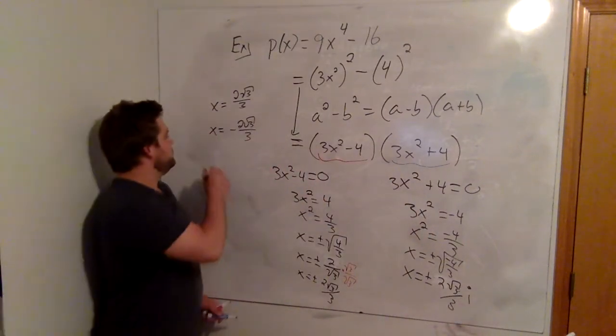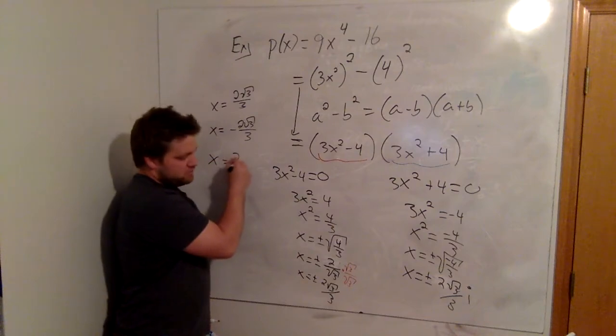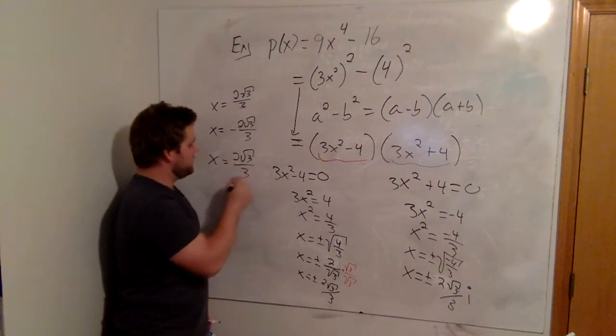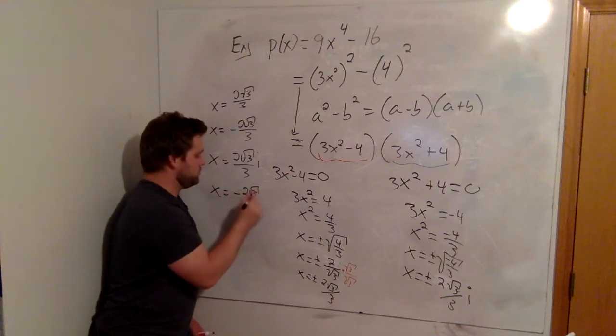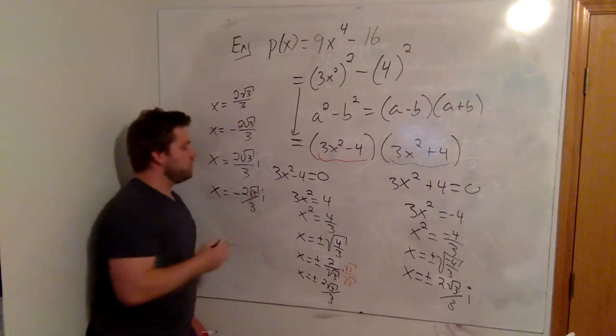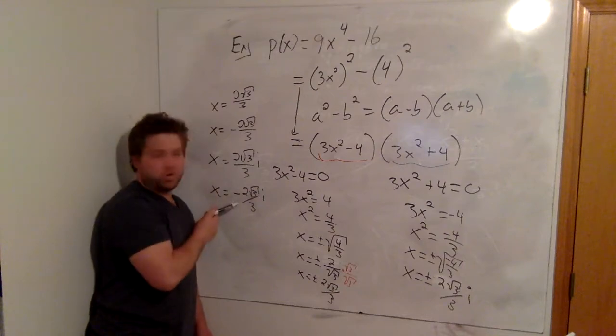So I have my other 2 roots: x equal to 2 root 3 over 3 i, and x equal to negative 2 root 3 over 3 i. Notice that when I had one complex number, I also got its conjugate.